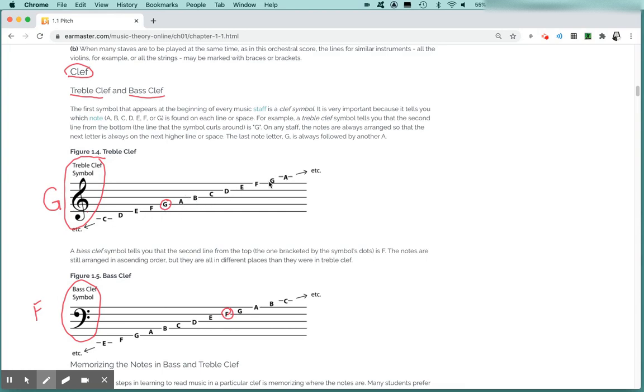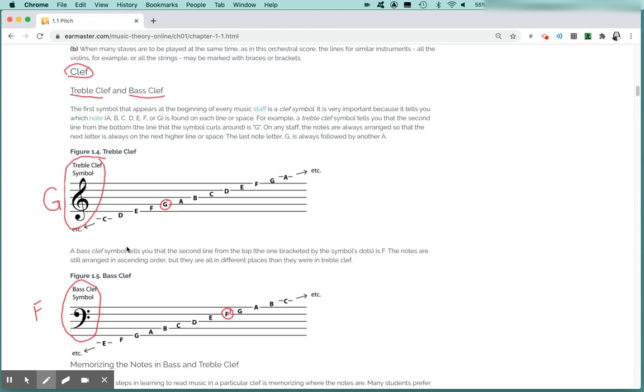So, the musical alphabet is only 7 letters. A, B, C, D, E, F, G. I think that's 7. 1, 2, 3, 4, 5, 6, 7. Yes. So what's written here, C, D, E, F, G, A, B, C, D, E, F, G, A, is actually, and I will not be on pitch, but it'll be relative to this, do, re, mi, fa, sol, la, ti, do, ti, la, sol, fa.